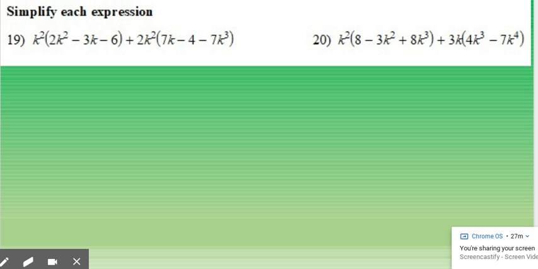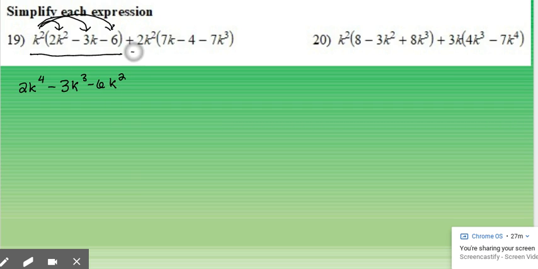All right. Now we're going to have to do both parts here. So first, you're going to have to do this distribution problem, and I'm going to go ahead and do it. k squared times 2k squared is 2k to the fourth. k squared times negative 3k is negative 3k to the third. And k squared times negative 6 is negative 6k squared.